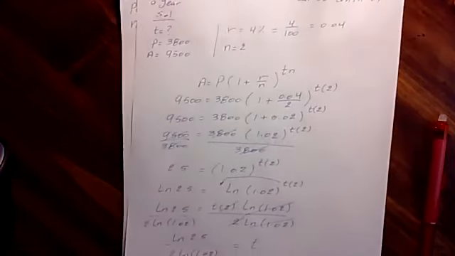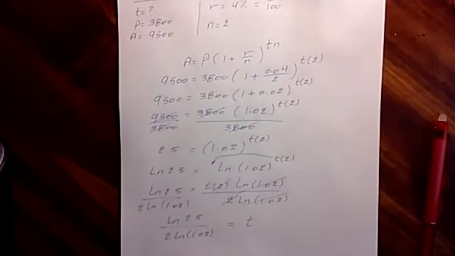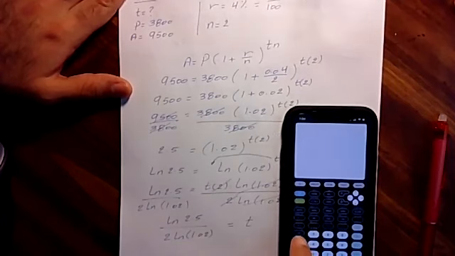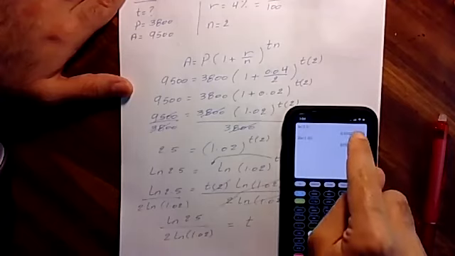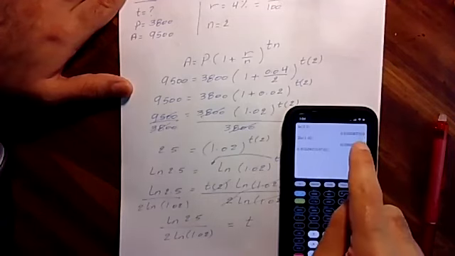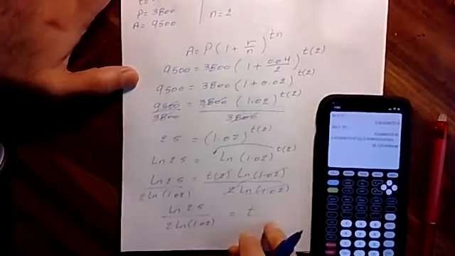Now we're just going to use the calculator and find how much the t is going to be. First, ln 2.5, close the parentheses, is going to be this number. 2 times ln 1.02, close the parentheses, is going to be this number. I'm going to divide this one by this one, and the result is the time.